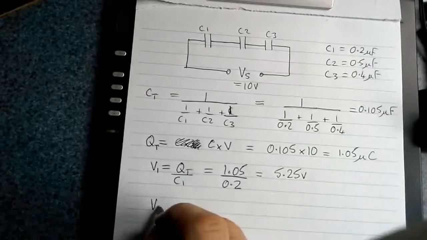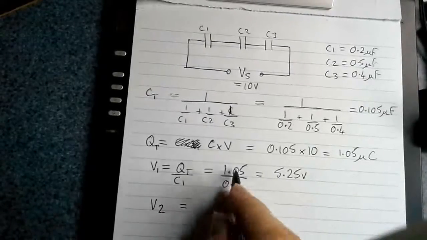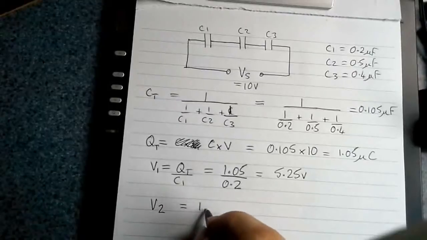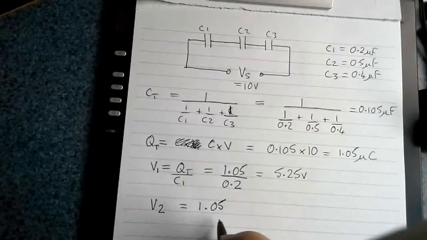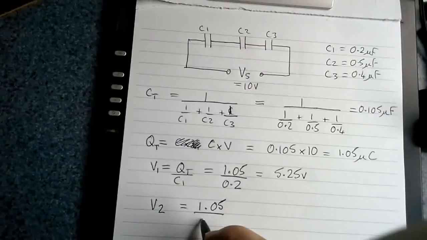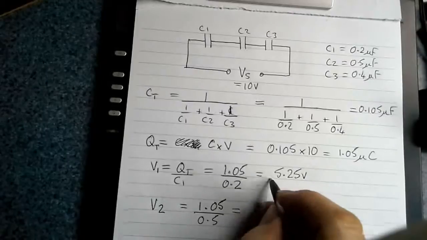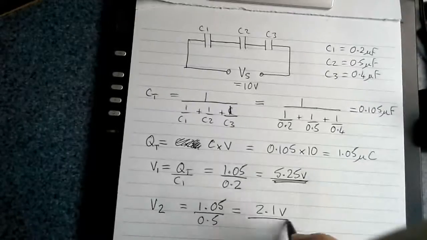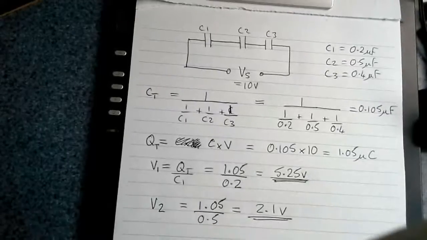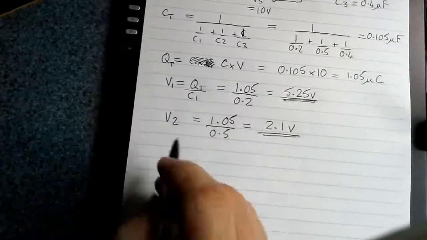The voltage on capacitor 2 will be equal to the total charge divided by capacitor 2, so that's 1.05 divided by 0.5, and that comes out at 2.1 volts. Let's just make these nice and clear, and move up a bit so I can stay on the screen.